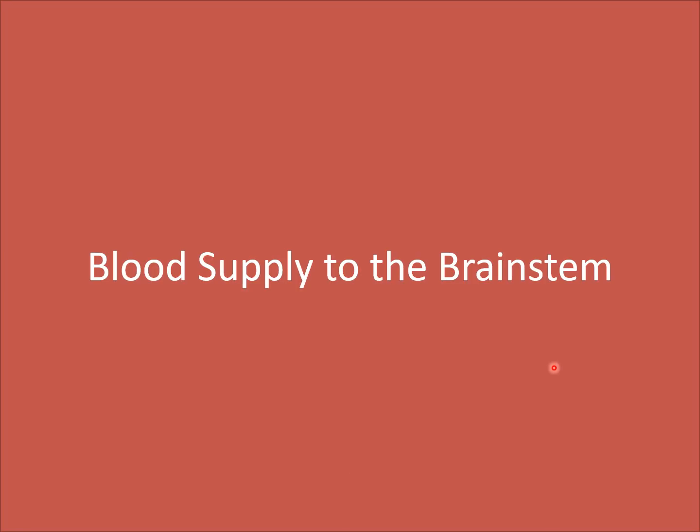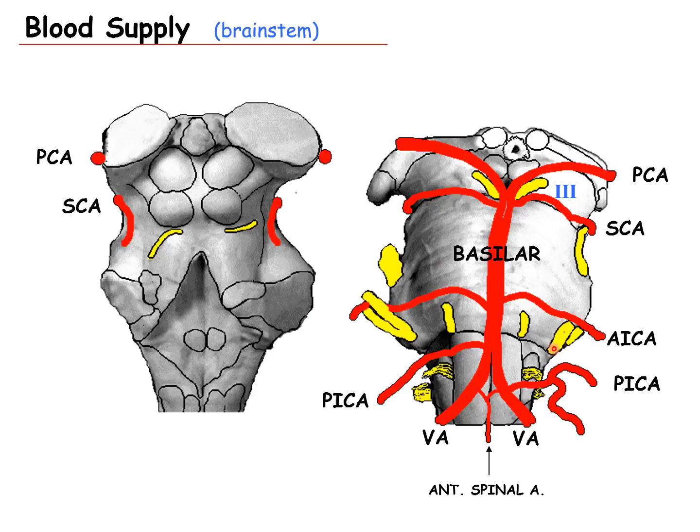We want to look now at the blood supply to the brainstem and recognize that, again, the basilar artery is a major brainstem artery, covering much of the base of the brain and brainstem, particularly the pons. It's fed by the vertebral arteries, which of course also provide input to the spinal artery.